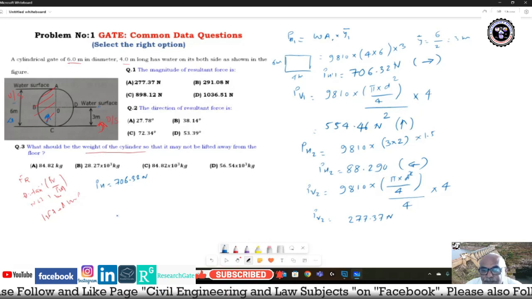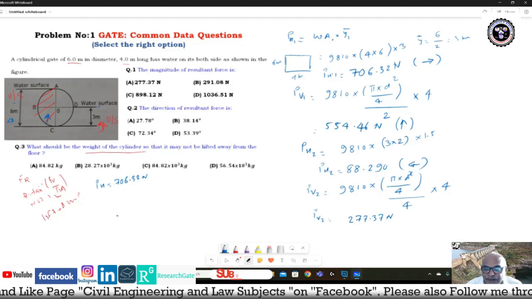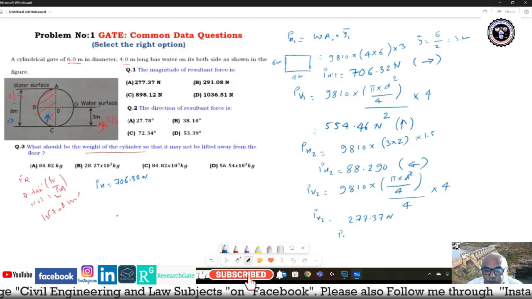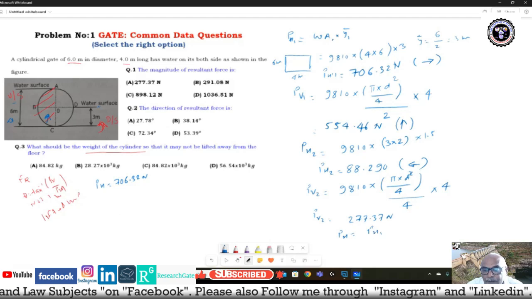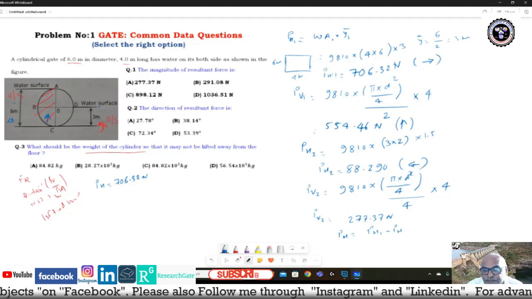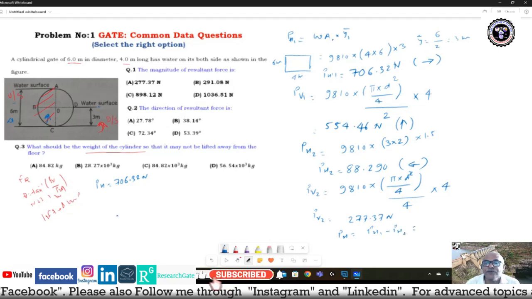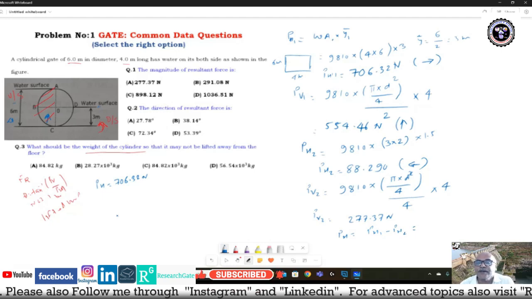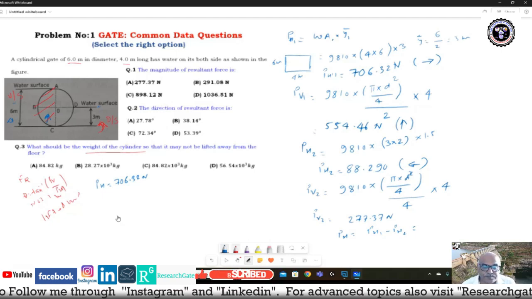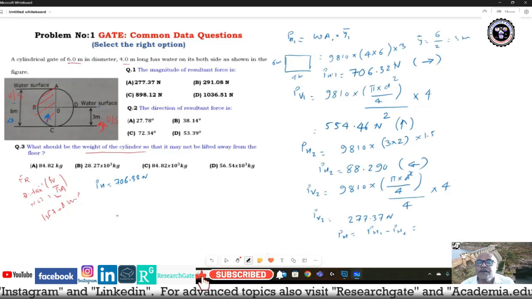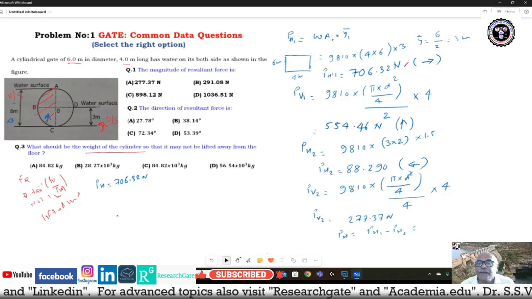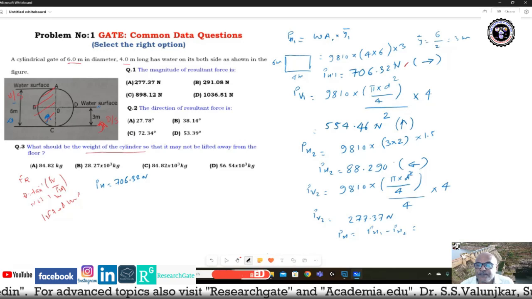Okay, so pH is equal to pH1 minus pH2. pH1 is this figure and pH2 is this figure.